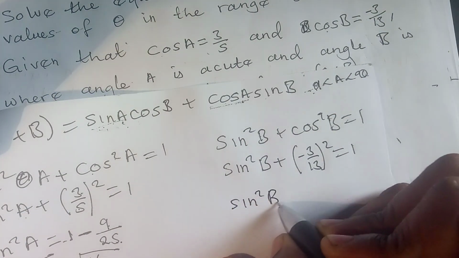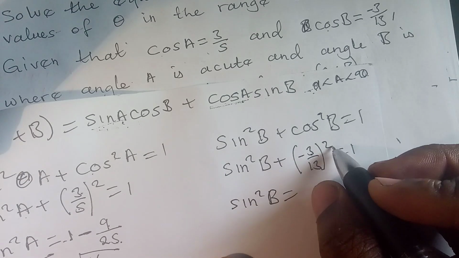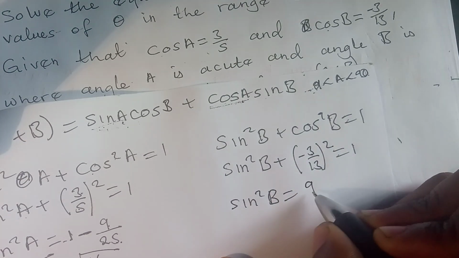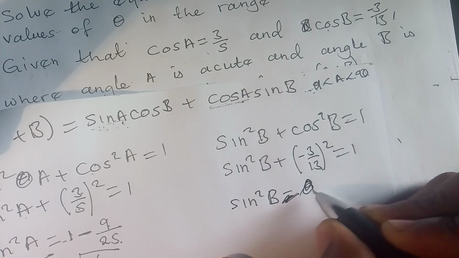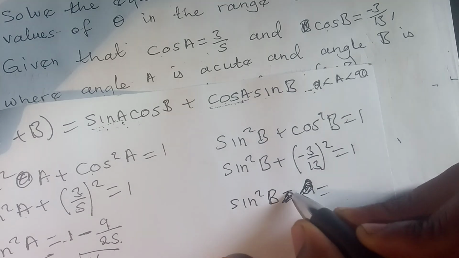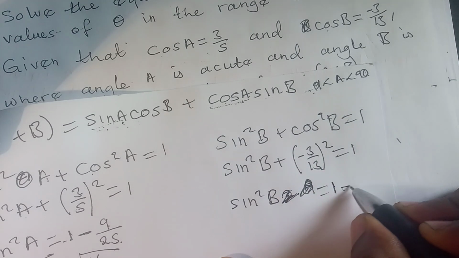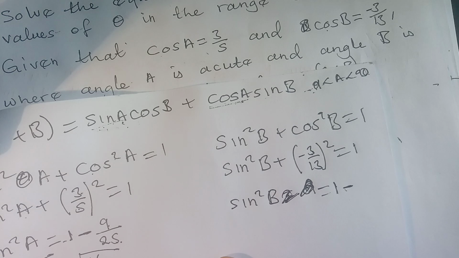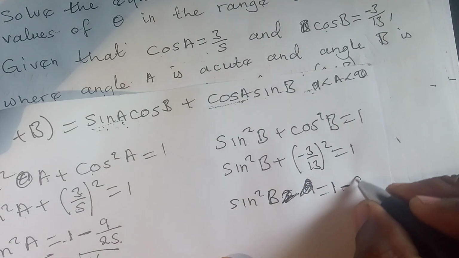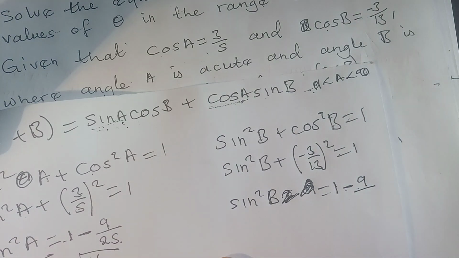When you square the negative 3, you have a 9. Let me take them to the other side. You have 1 minus 9 over, when you square the 13, you have 169.